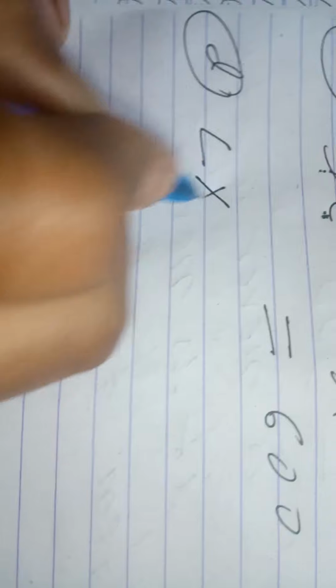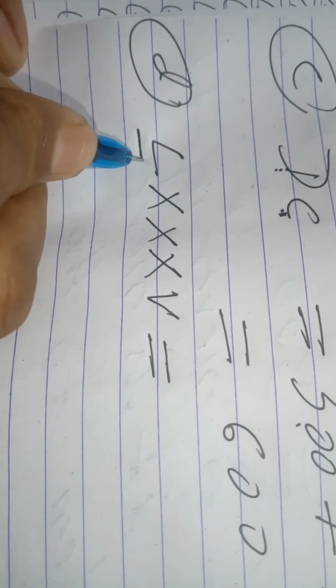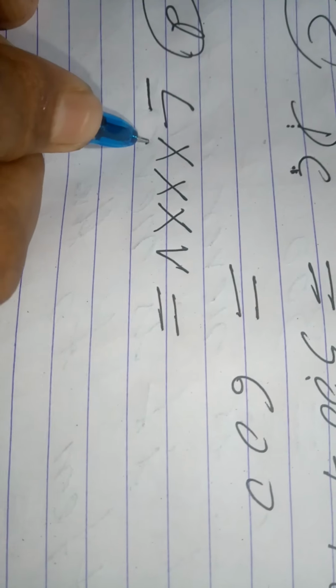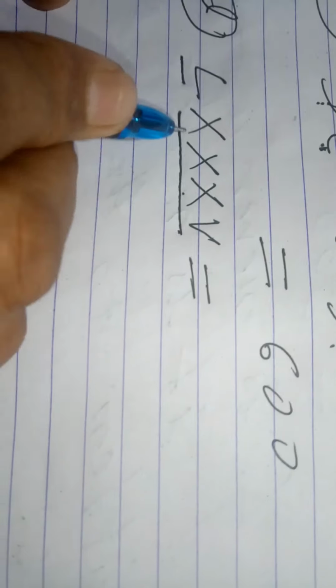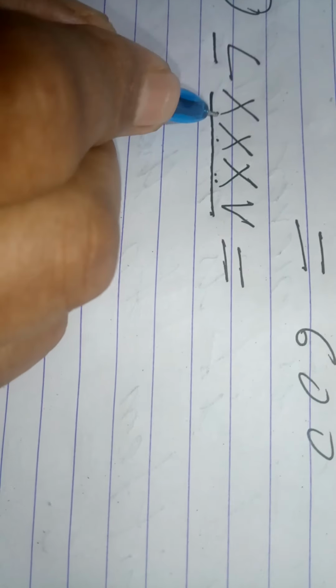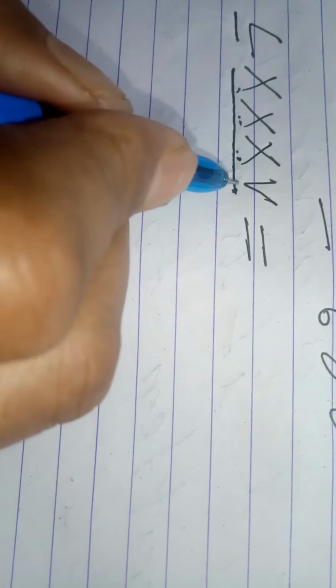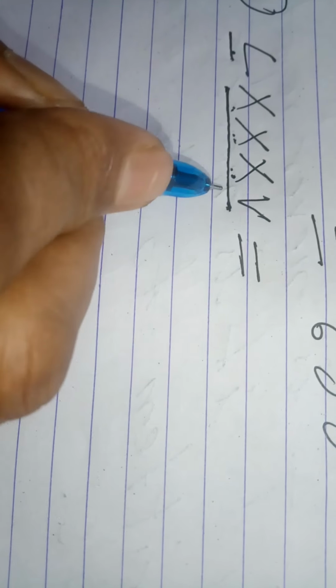D: LXXXV. L is the larger value and XXXV is 35, because XXX is repeated, so it is added. XXX is 30, V is 5, 35. L is the larger value and 35 is the smaller value.